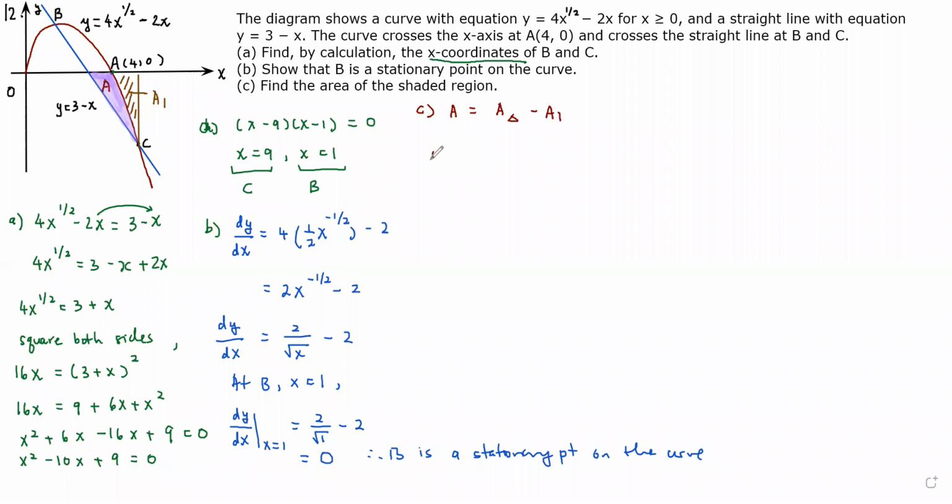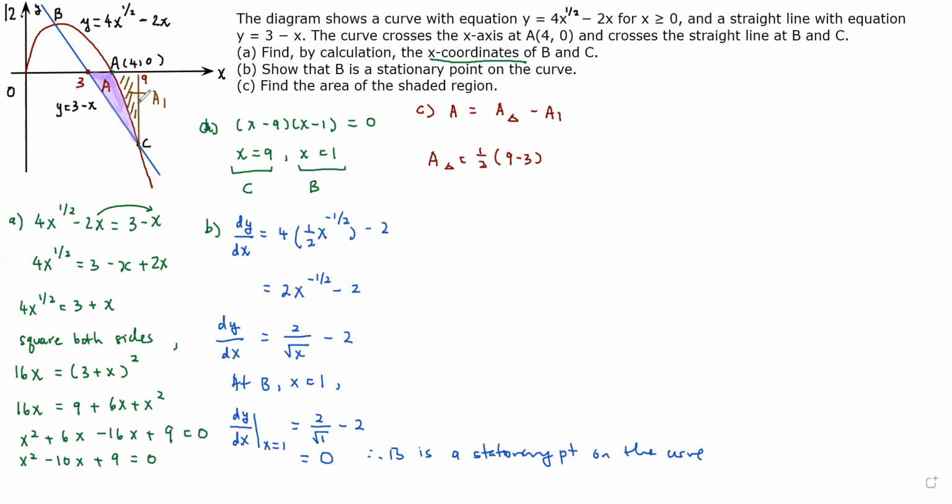Let's find the area of the triangle. To find the area of the triangle, we have half times base times height. The x coordinate of C is 9, and this line crosses the x-axis at the point 3. So the base of the triangle has a length of 9 minus 3.